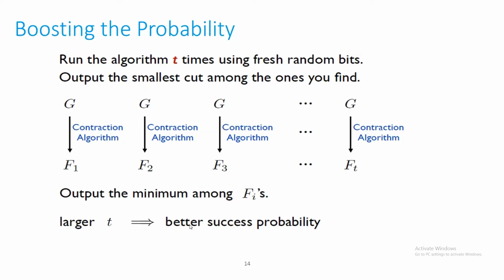So, when I repeat this algorithm, f1 is the outcome of the first run, f2 is the outcome of the second run, like that ft is the outcome of the tth run. Now, you output the minimum among these fi's, okay.